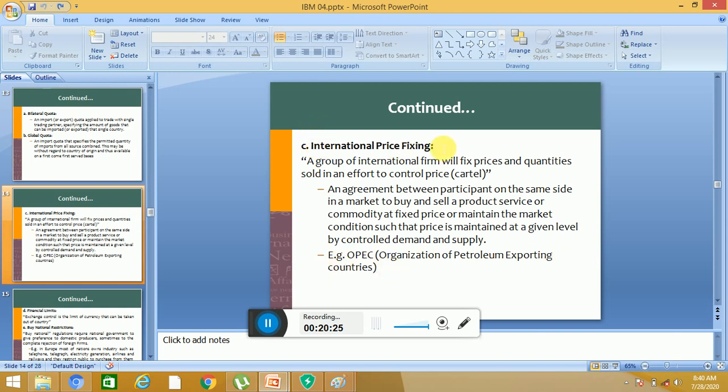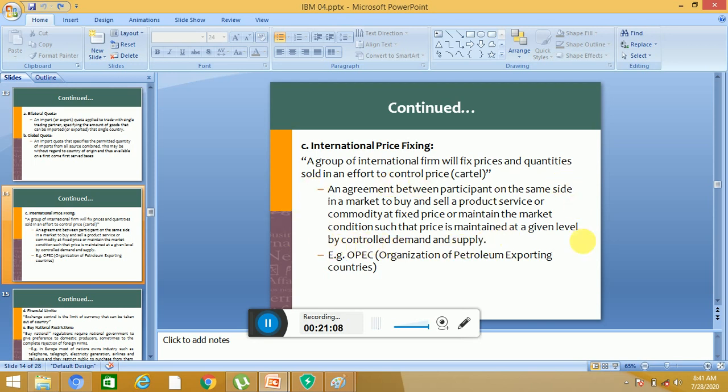So this type of price system is called international price fixing. And there is also a quota for these OPEC countries that you can export this much petrol to others, not more than that. So this is an agreement between participants on the same side. Same side means selling things in a market, to buy and sell a product, service, or commodity at a fixed price or maintain the market conditions such that price is maintained at a given level by controlled demand and supply. And they are doing this to control demand and supply.